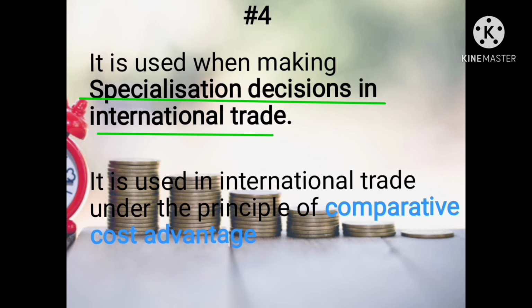In the process of a country deciding which commodity she should concentrate more on, the concept of opportunity cost is used, because under comparative cost advantage, a country is supposed to specialize in that commodity in which it has the least opportunity cost. Thereby using the concept of opportunity cost.